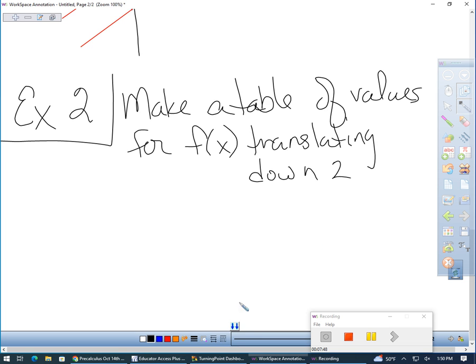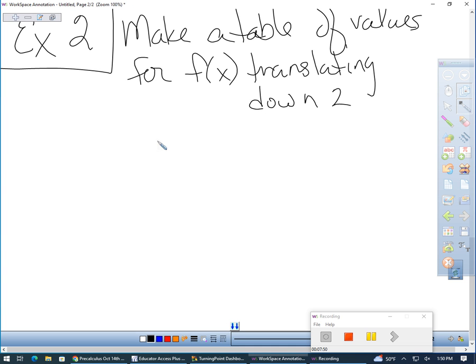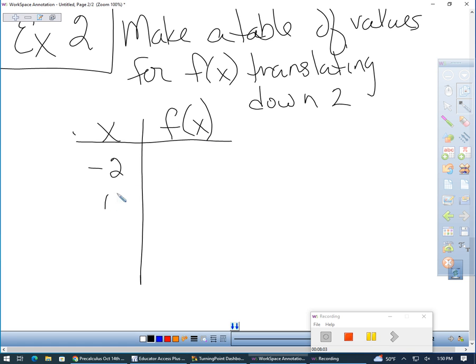In my table, I have x and f of x, because f of x just means y, right? Let's say in my table I have -2, 0, 2, and 5. And over here, maybe I have 3, 7, 10, and 15.